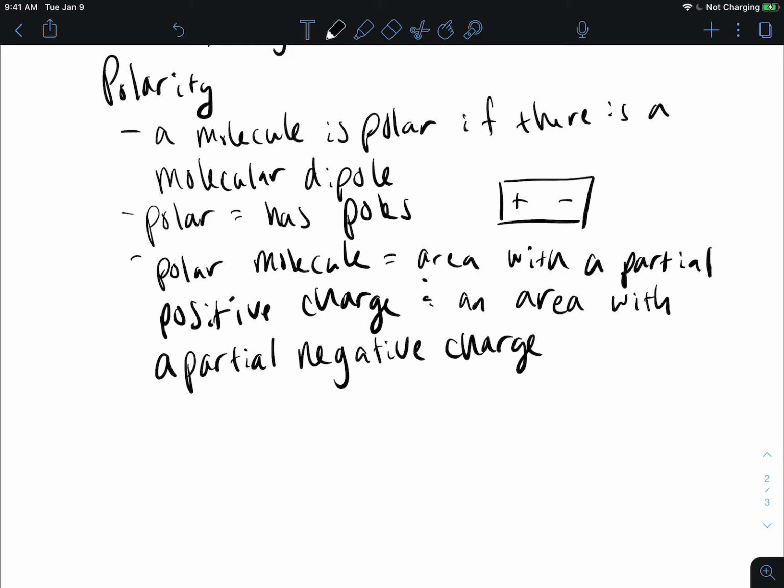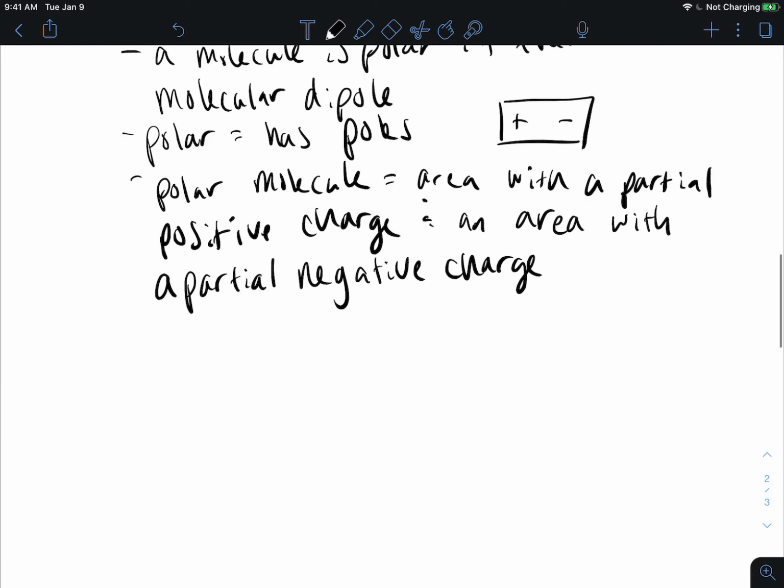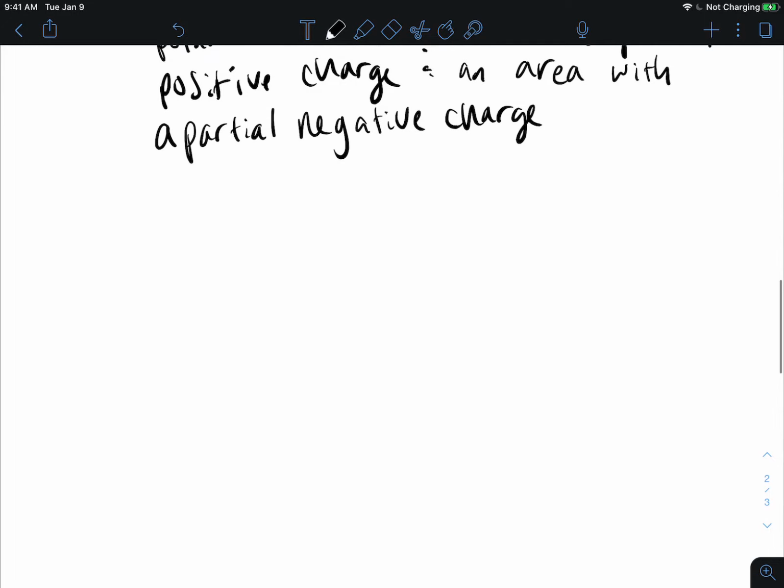Okay, so how do we know if we have a polar molecule? Well, I have put a flowchart on your worksheet, but I want you guys to try going through it. I'm going to go through the flowchart real quick. So first, the first question is, does a molecule contain polar bonds?